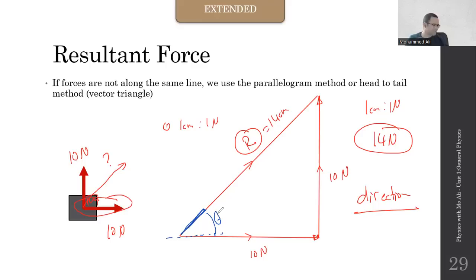I know the angle off the top of my head because this is simple geometry. This is going to be 45 degrees. So my response to what's the direction is 45 degrees to the horizontal.